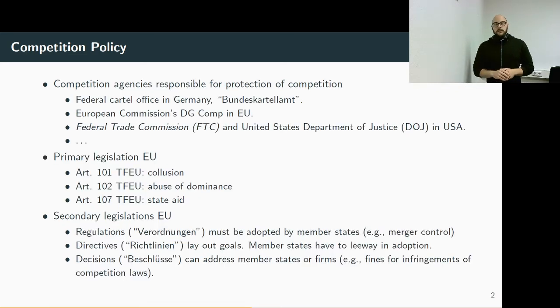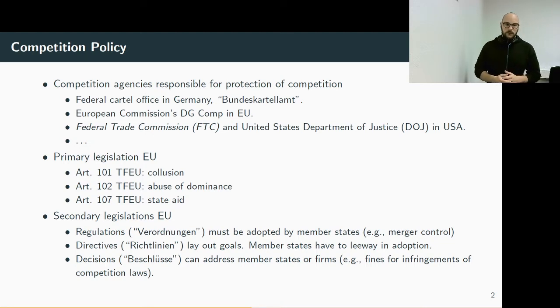Or disadvantaging competitors. Okay, so what does this enforcement procedure in competition policy actually look like? Well, first of all, at a national level, for instance in Germany, you have what we call a federal cartel office, and every European country has such a cartel authority.